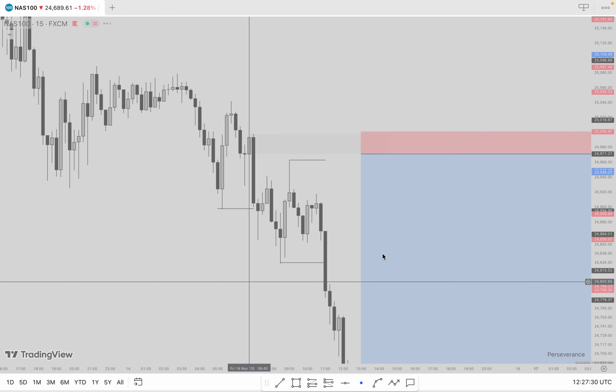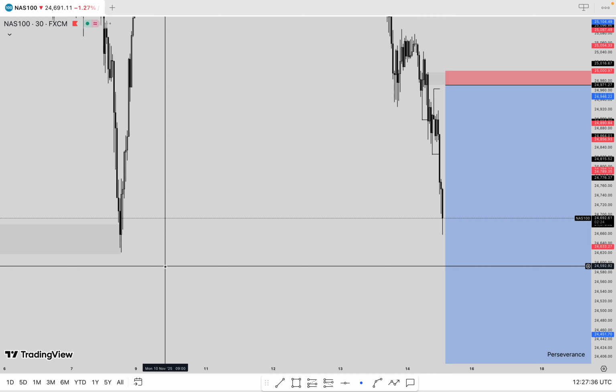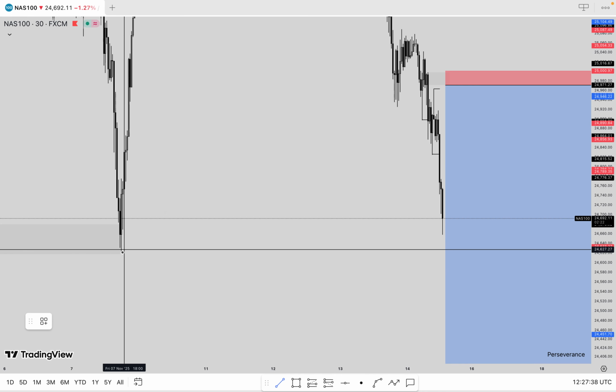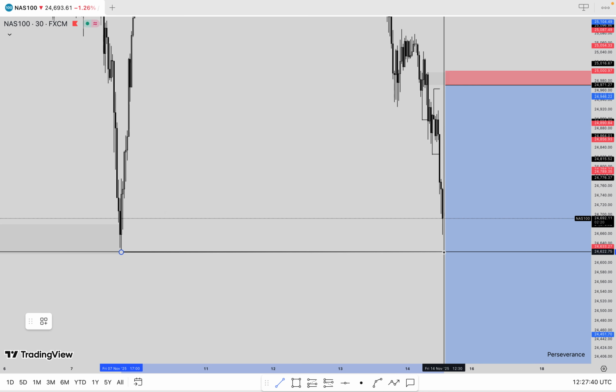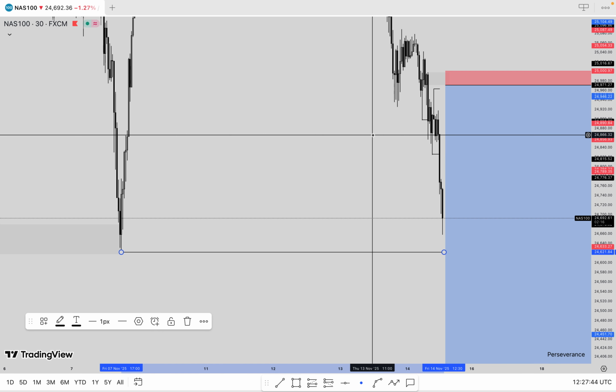So now this entry is valid until price gets to this level. But if price comes here and takes out this liquidity sweep, I'll probably look for another entry. So until price gets here, this entry is valid.